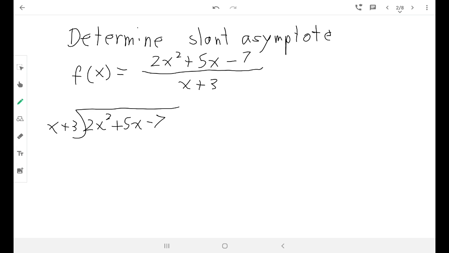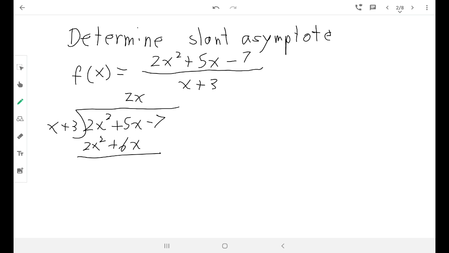So I need to multiply by this to make this, and I'd have to do 2x times x to get 2x squared, so I'm going to put a 2x up here, and then 2x times x is 2x squared plus 2x times 3, so that I'm distributing that 2x, is 6x.